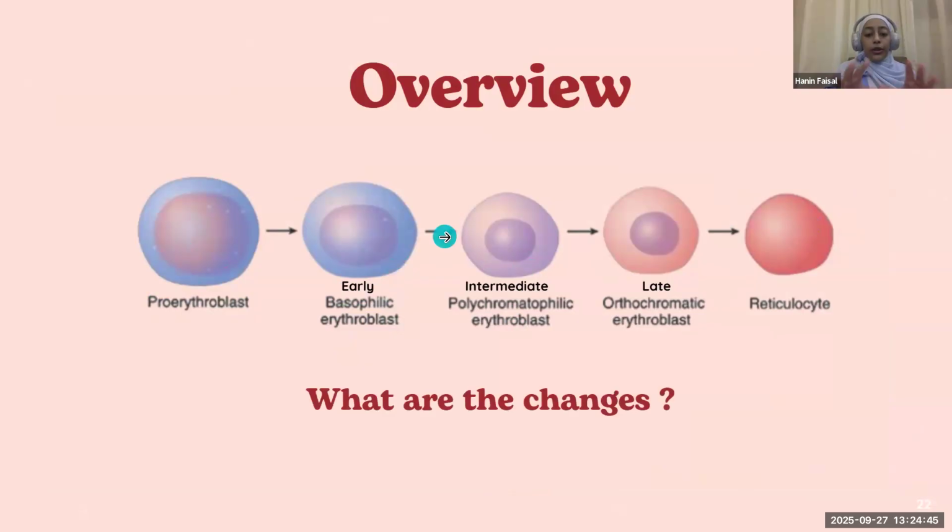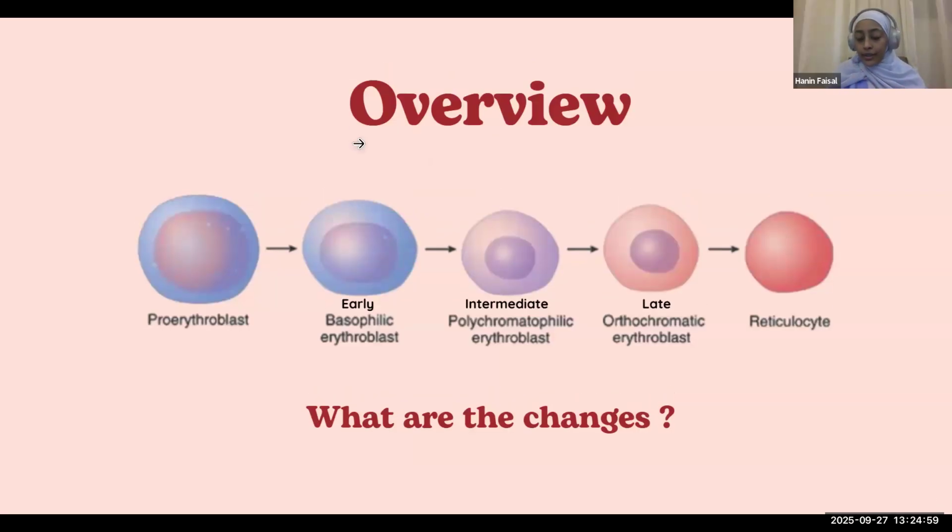Just looking at this diagram, what do you think changed? From this going to this, what can you see visually? Exactly, the nucleus is getting removed. And another thing is color.